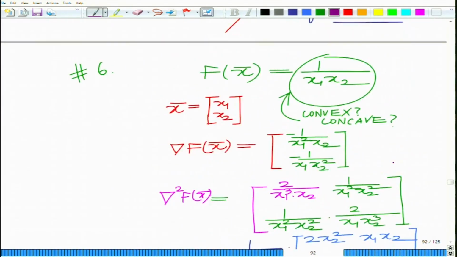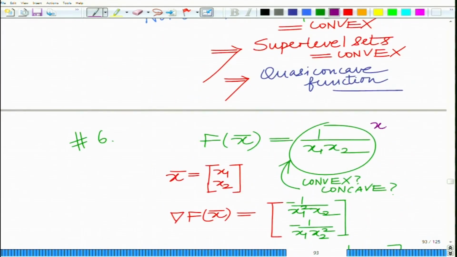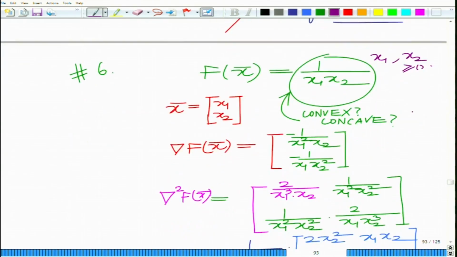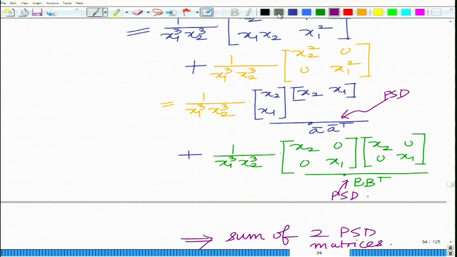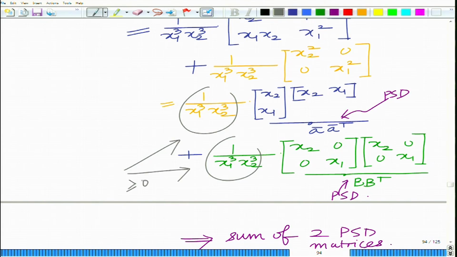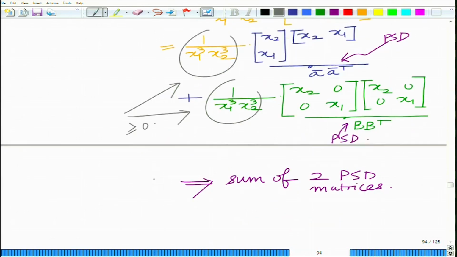Remember that this is also only for x1 comma x2 greater than or equal to 0, which means these factors, that is, 1 over x1 cube, x2 cube, are also greater than or equal to 0.